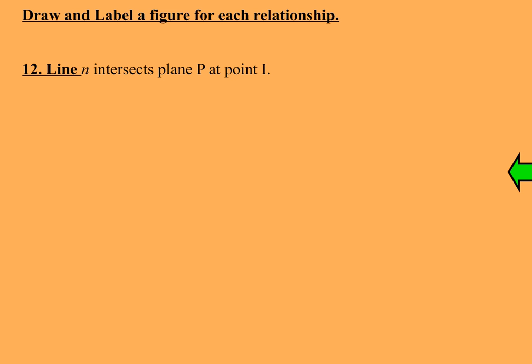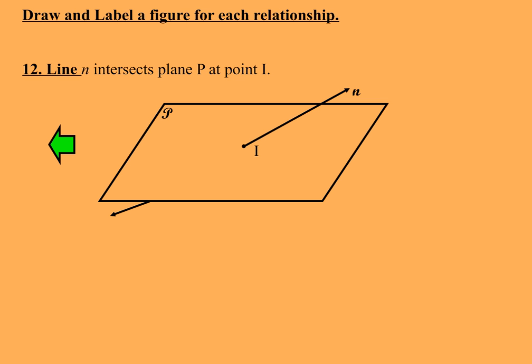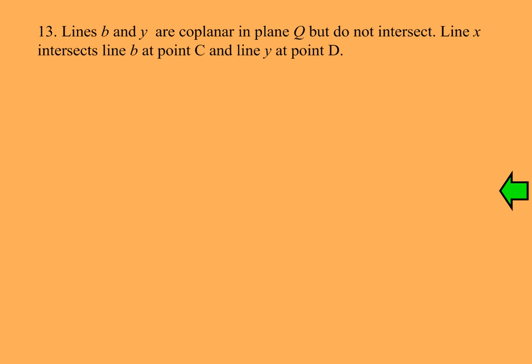Draw line N intersecting plane P at point I. There's a perfect example right there. You have a plane, you have a line that goes through it, and it intersects at a point. It is not on the plane, it is merely intersecting it. Lines B and Y are coplanar in plane Q but do not intersect.